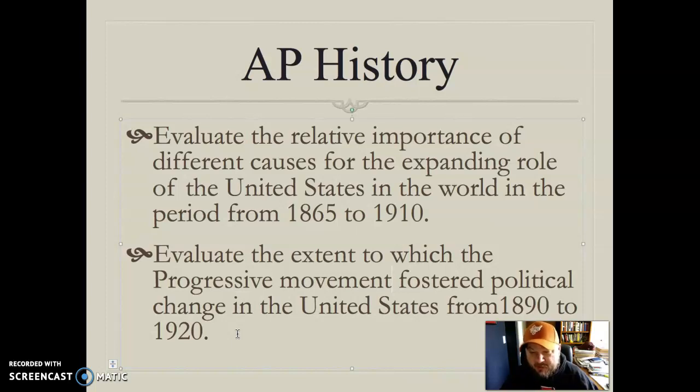So I think they're asking, what were those big changes? So you're going to want to talk about child labor, protection against child labor, prohibition, women's rights, protecting consumer rights, regulating businesses, trust busting, those kinds of things.